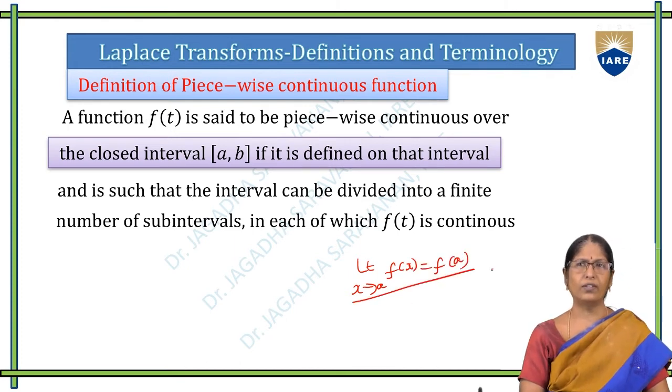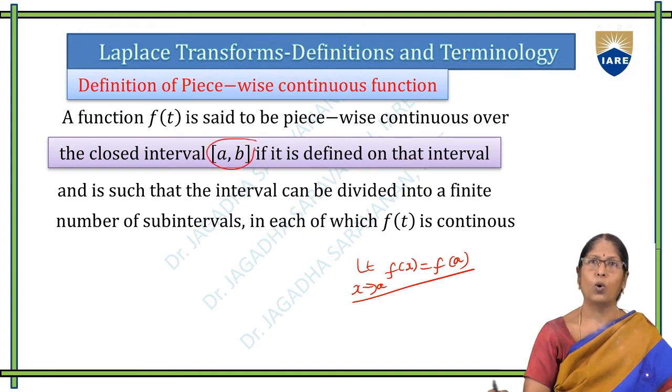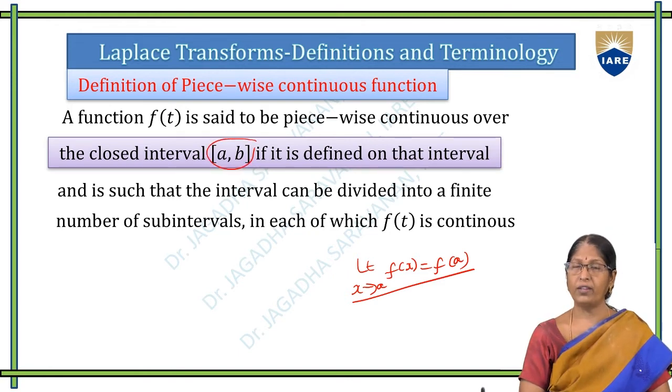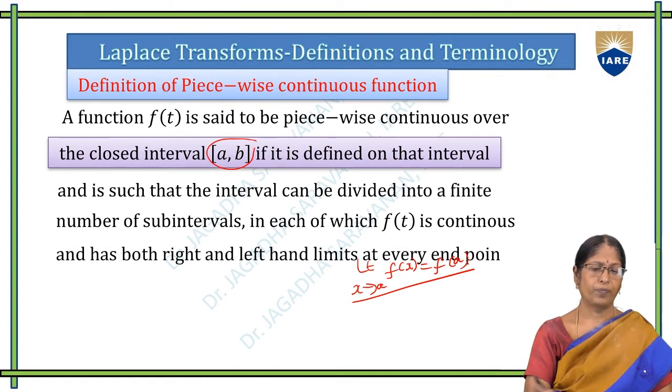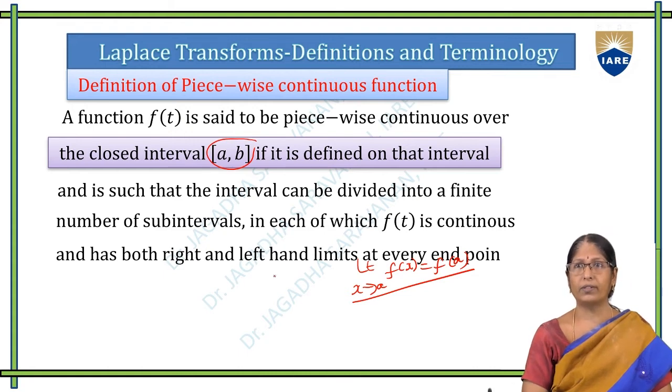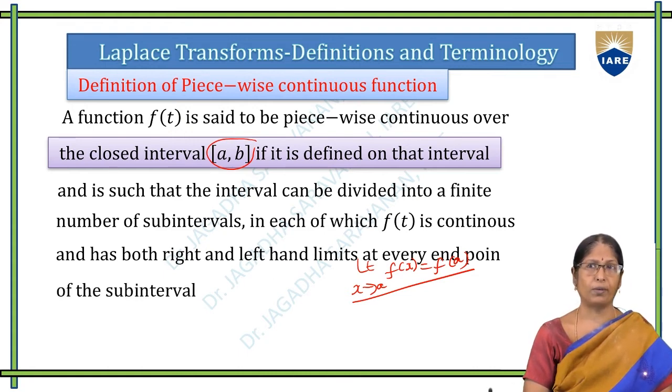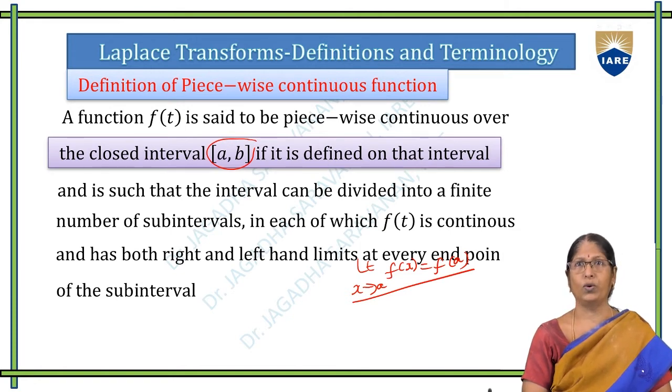So given the closed interval, which is divided into a finite number of subintervals, our function f of t is continuous, with both the left and right limits existing at every endpoint of the subintervals.